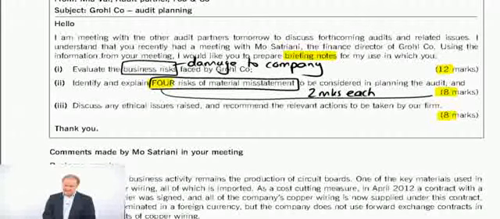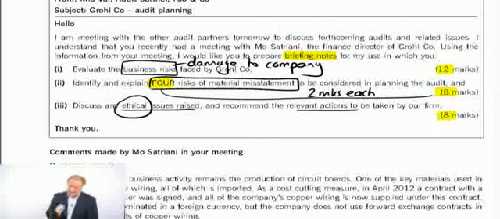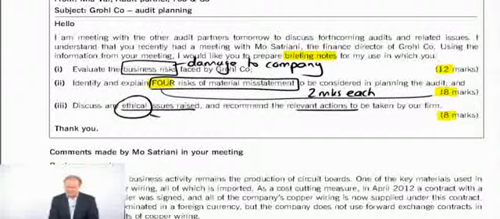Part 3, discuss any ethical issues raised and relevant actions to be taken by our firm. Ethics again. So you see, ethics doesn't just come up as its own question, it's often in the big question 1 as well. Well, I know when I see the word ethics, I'm thinking of 4 things. I'm thinking SAFEM.